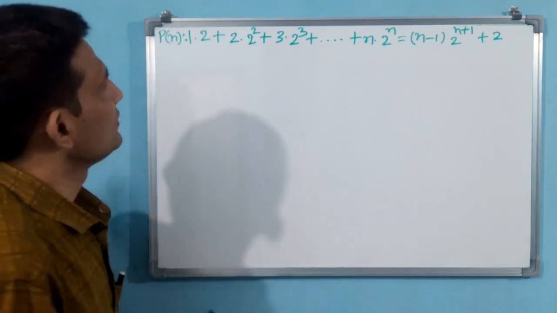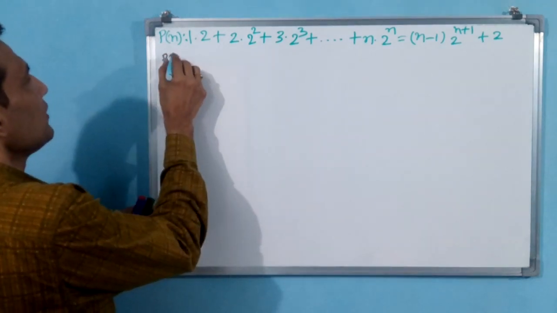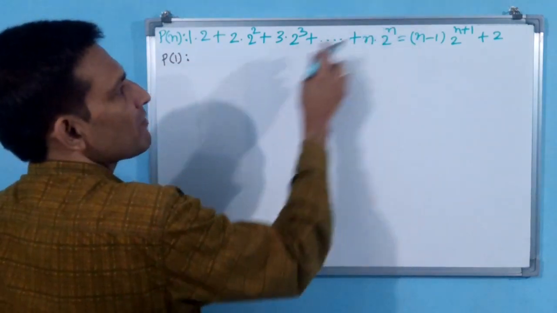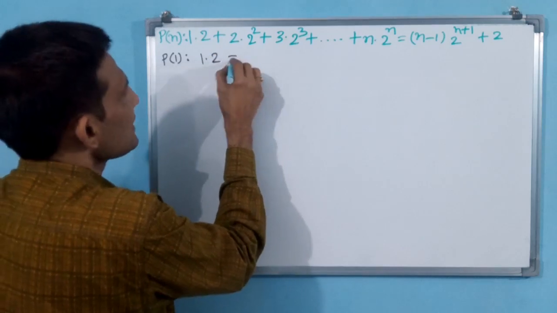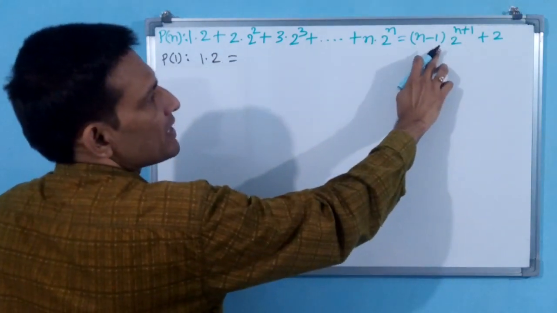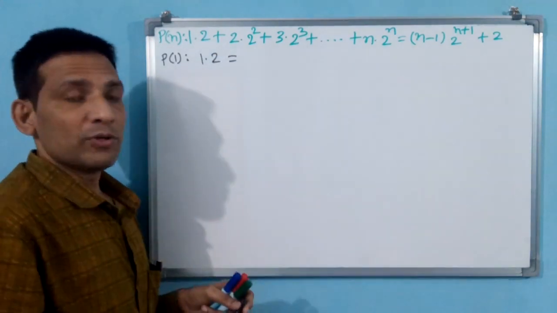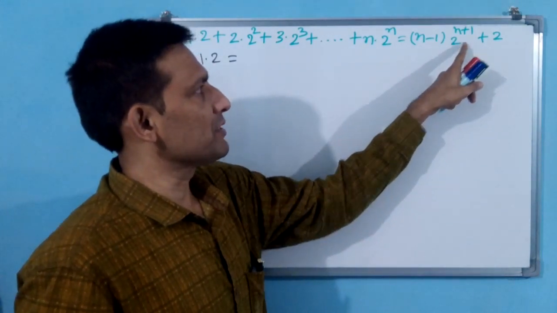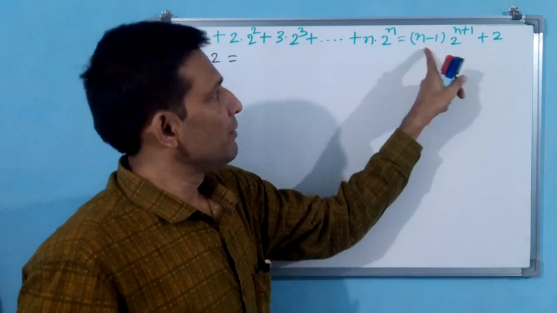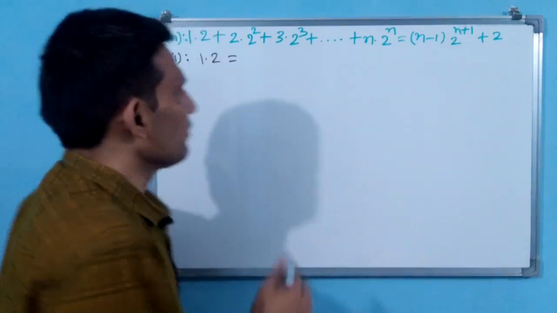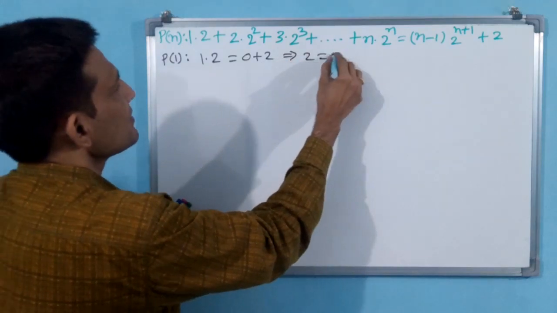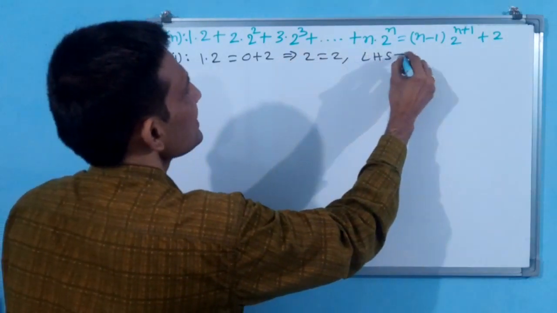Let us do. P of 1 colon, you see 1 into 2 power 1, 1 into 2, that is equal to 1 minus 1. 1 minus 1 means 0. You see this entire thing is going to become 0 up to 2 power n plus 1. 0 into something. Plus 0 plus 2. Plus 2 is there. 0 plus 2 implies 2 is equal to 2, comma LHS is equal to RHS.